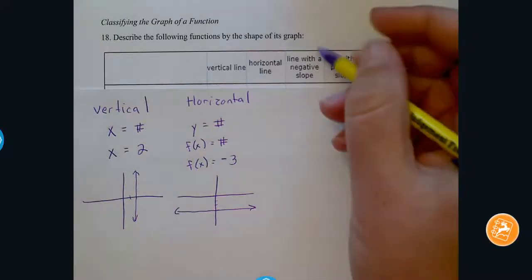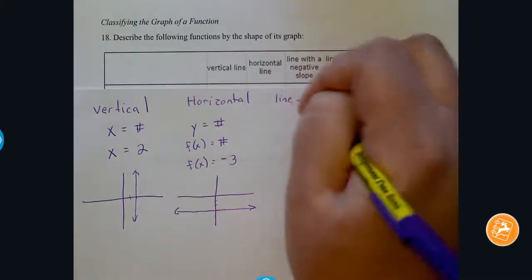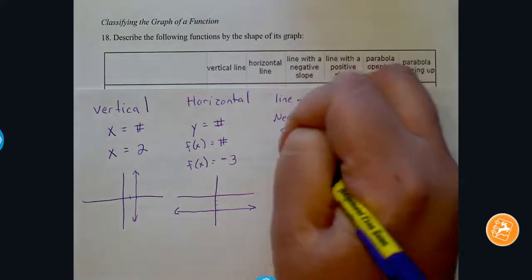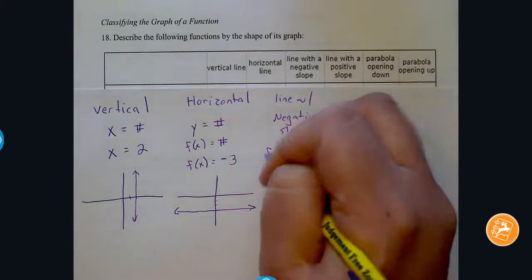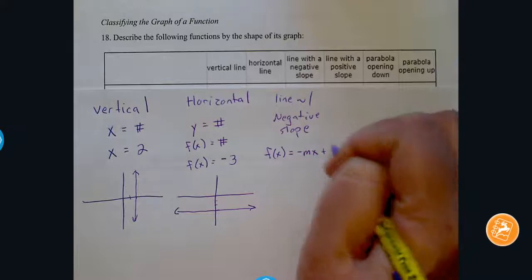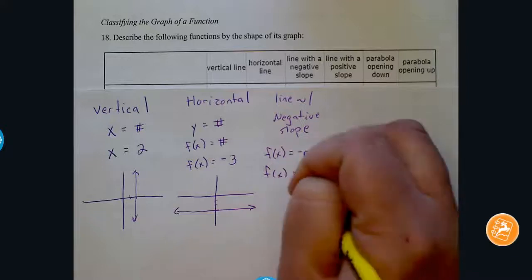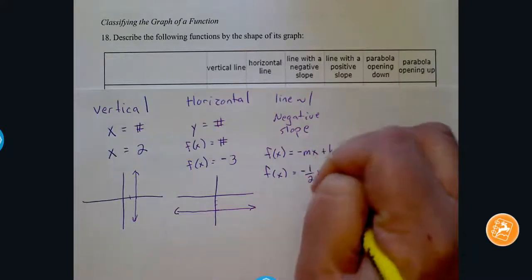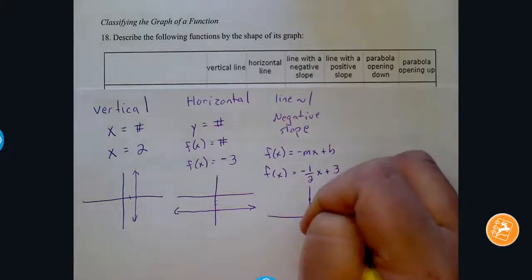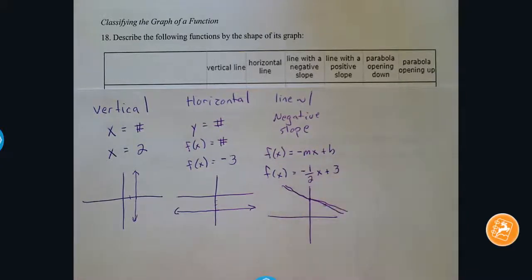Okay, a line with negative slope, we're talking about linear here, right? So we are looking at something like f of x equals -mx plus b, that m being negative. So f of x equals -1/2 x plus 3. Remember, starting at 3, going down 1, right 2, and we have our negative line like that.